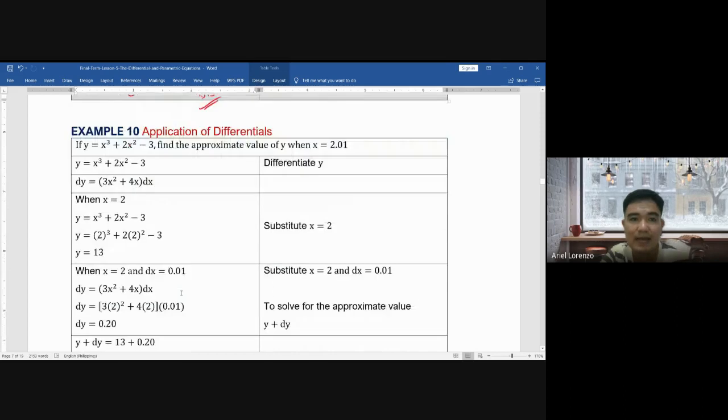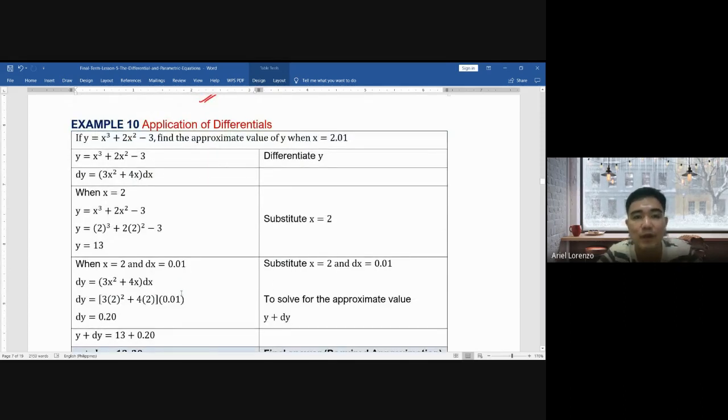This one naman. Find the approximate value of y when x is equal to 2.01. Okay? So, ang gawin mo lang naman dito, class, ang x mo lagi kailangan mong hanapin ang x and dx mo.